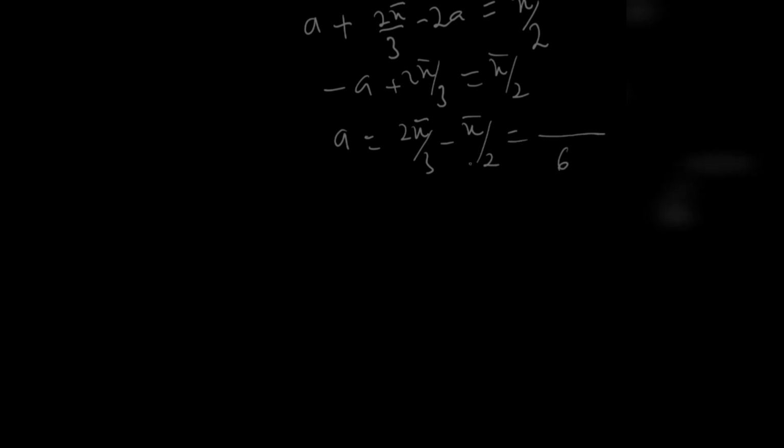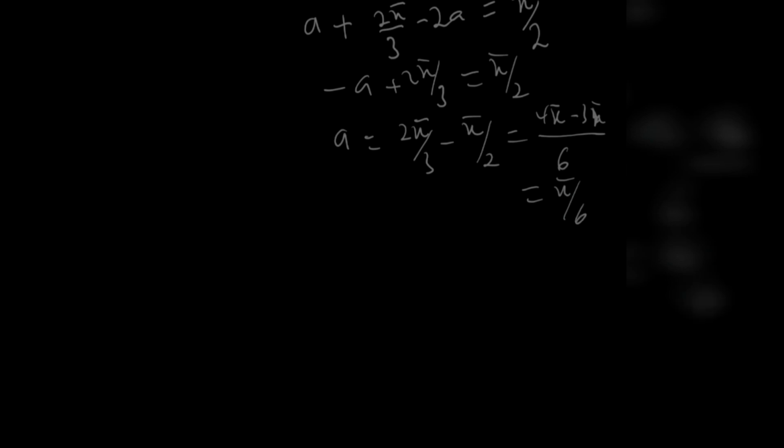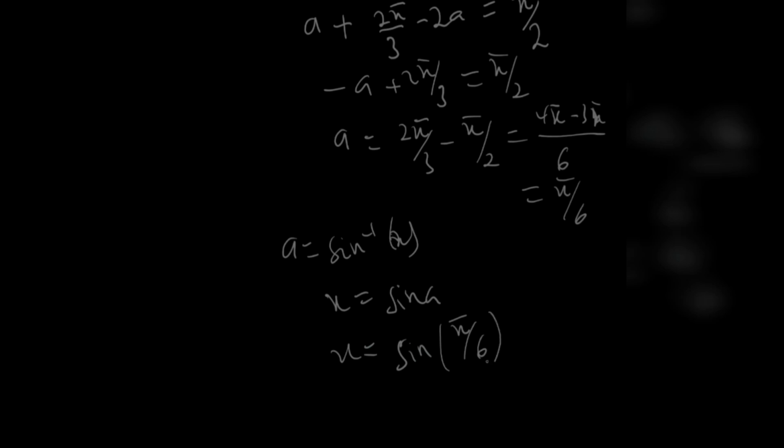The LCM is 6, so we get 4 pi minus 3 pi, which gives us pi on 6. So a is equal to pi over 6. But what was a? a was equal to sine inverse of x, or x is equal to sine a. We want to find the value of x, so x will be equal to sine of pi on 6.